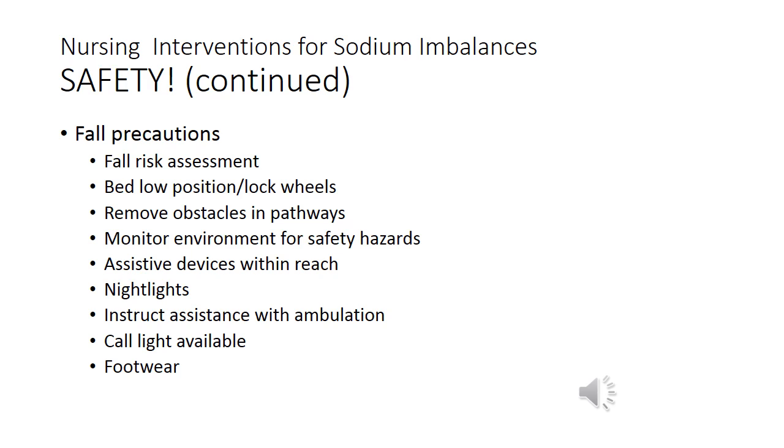Use night lights. Instruct the patient to request assistance to ambulate. Ensure the call light is within reach. Assess footwear and provide appropriate footwear if necessary. Patients should be using anti-skid soles for ambulating. Keep items such as telephone, water, Kleenex within patient's reach.